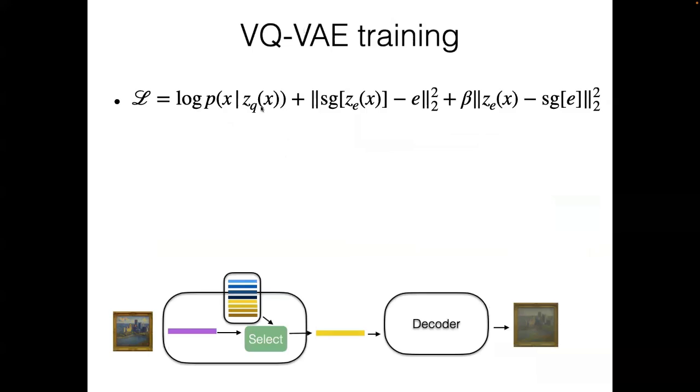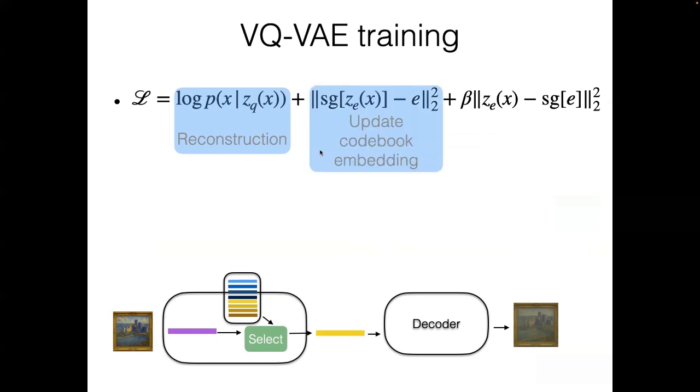So here's the loss that's used, and it has 3 different parts. Here is the reconstruction loss that I mentioned. It's just saying, given this output of your encoder, you want to be able to reconstruct the image. Then this one is basically responsible for updating these embeddings.